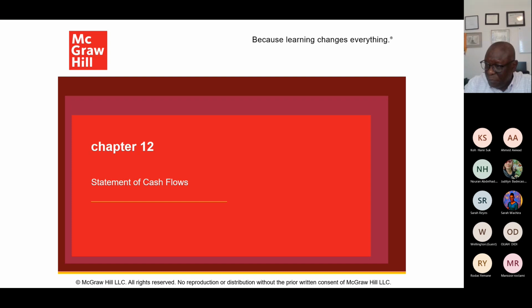Because now we have gotten cash flow from operating, plus or minus cash flow from investing, plus or minus cash flow from financing. How do we get cash flow from financing activities for this company?